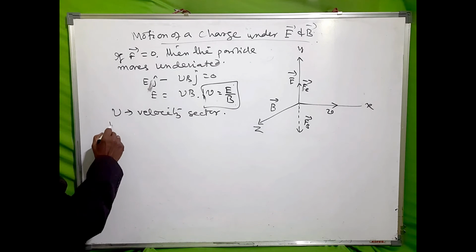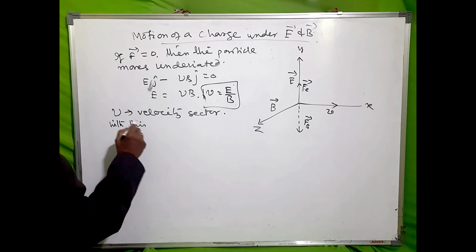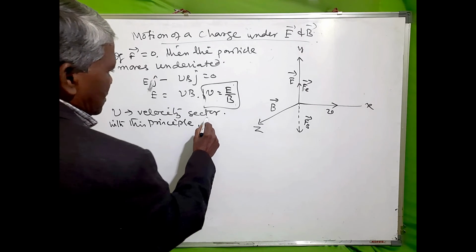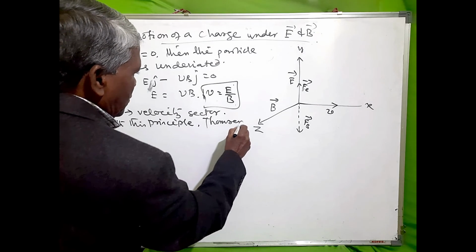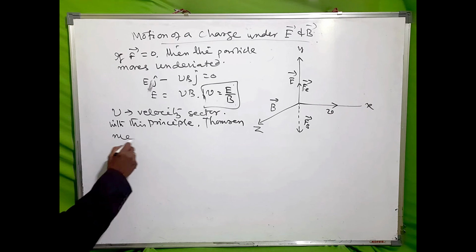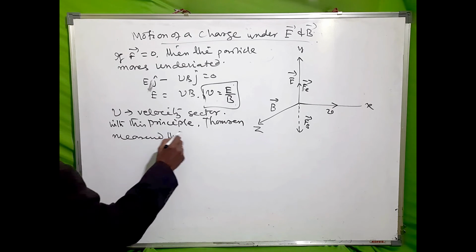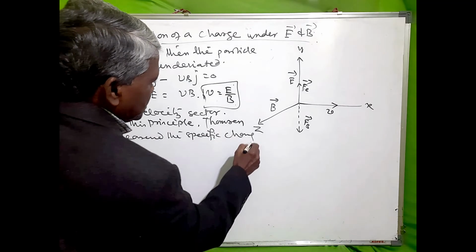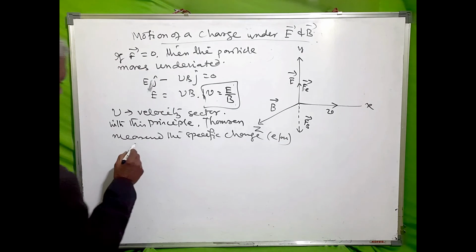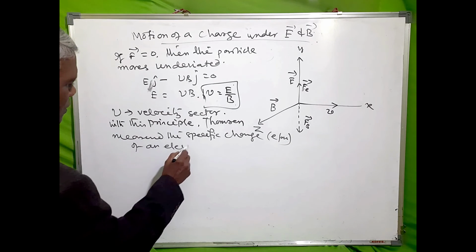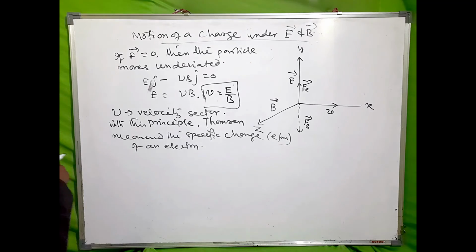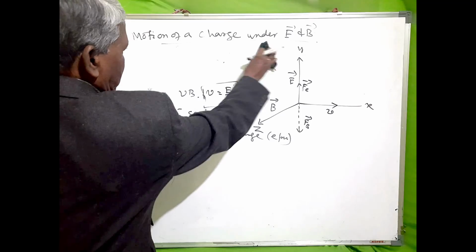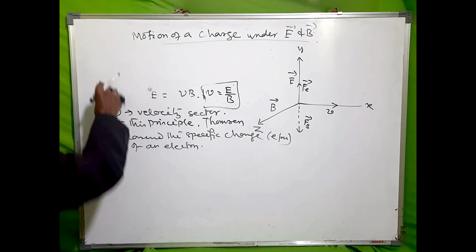With this principle, Thomson measured the specific charge, that is e by m, of an electron. And this principle is applied in mass spectrograph in order to discriminate a particle of certain velocity.